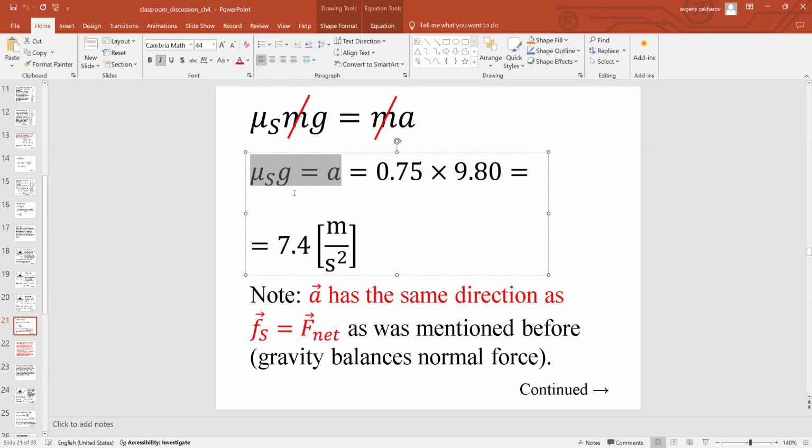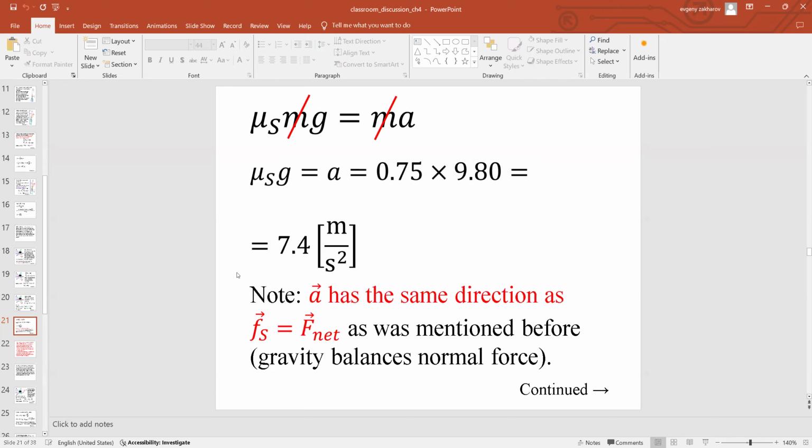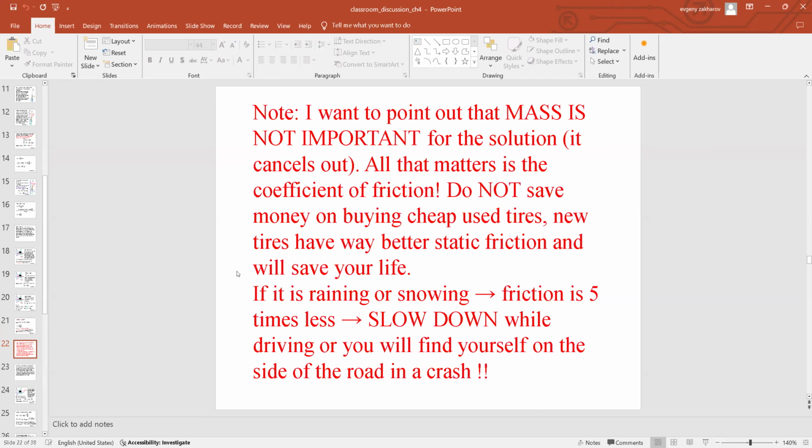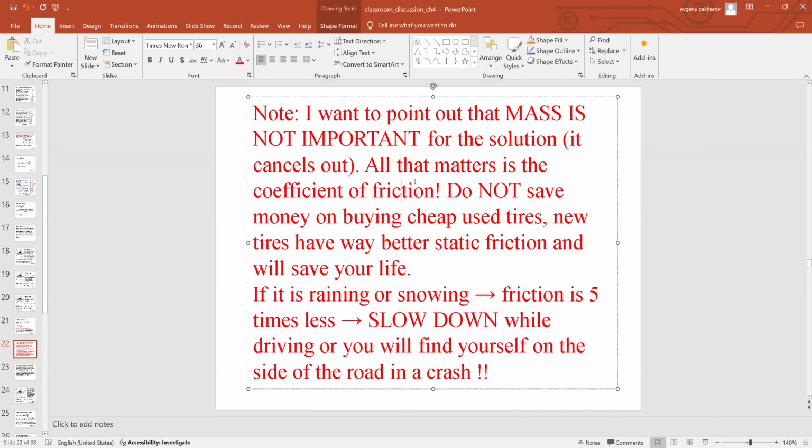Yeah, and the g, of course, but g is just a constant, so the key parameter is the coefficient of static friction. Now, I want you to, yeah, here we go. So this is the slide that you really want to keep in mind for the rest of your life. Tell it to your friends and relatives. Mass is not important.